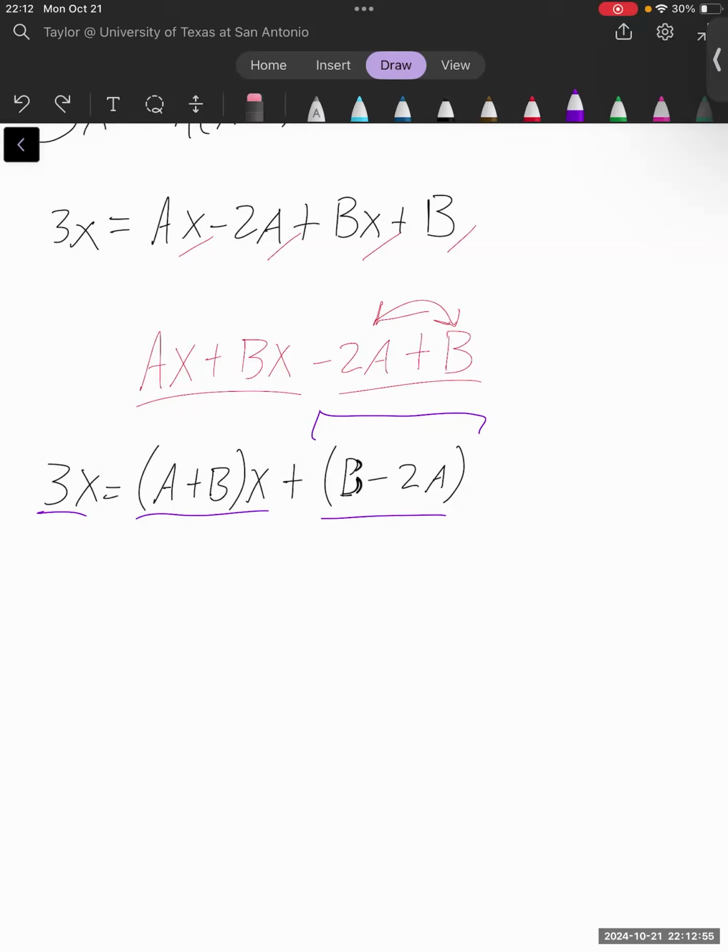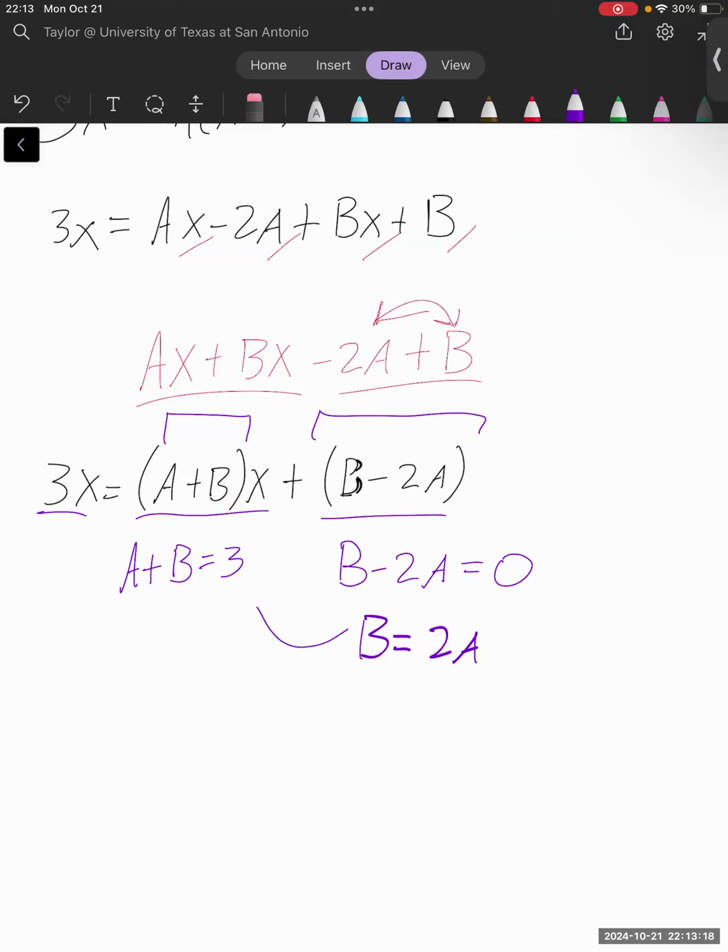So what I can do is assume that a plus b equals 3, meaning that b minus 2a must equal 0. Then I'm going to rearrange this so that b equals 2a, and I can substitute that in over here. So then I get a plus 2a equals 3.